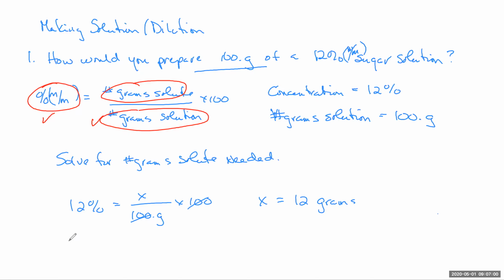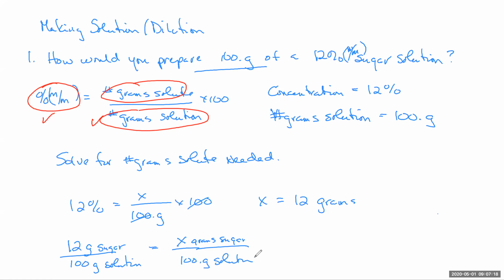So you could say 12% is 12 grams of sugar divided by 100 grams of solution, and that is equal to X grams of sugar divided by 100 grams of solution. So the units will work that way if you want to keep track. Lots of times when you see worked out problems for percent solutions, they tend to not leave units in them for some reason, but it's good to keep track.